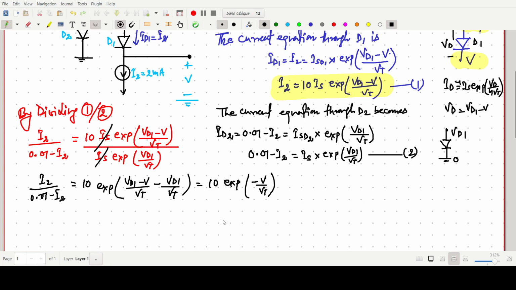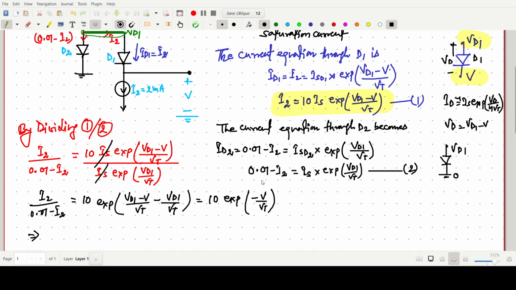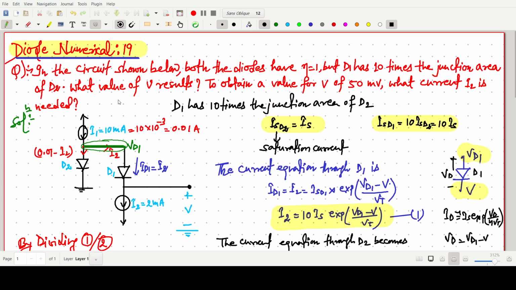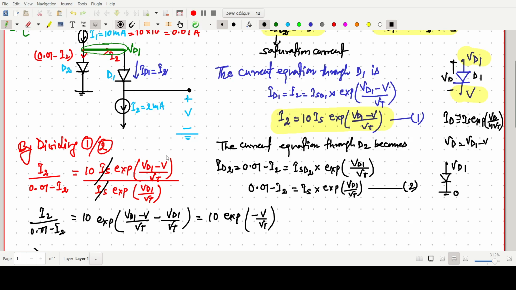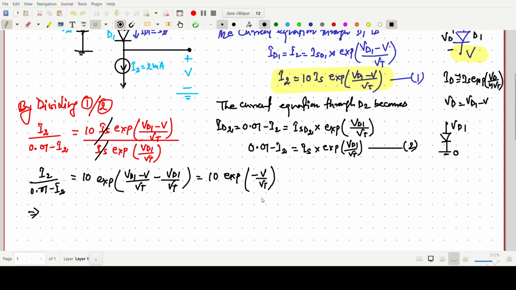Now see, only the V term is there and I2 term, I2 is known, so we have to find the relationship between V and I2. We have to find V. So now we can easily find the value of V. One more line: minus V by VT.